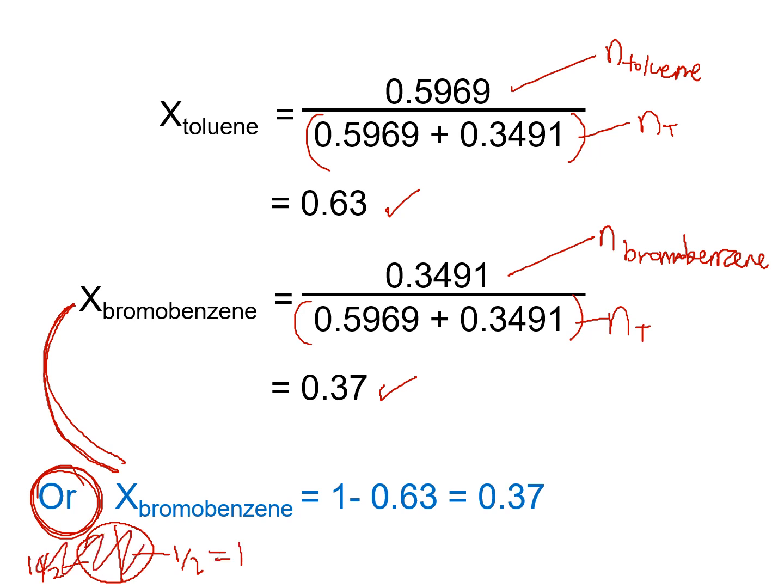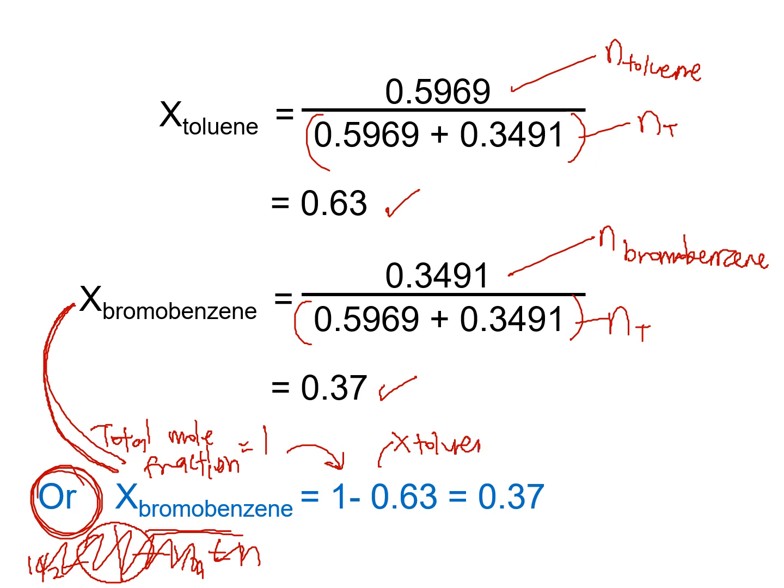If you know that the total mole fraction is equal to 1, so you can just cari mole fraction of bromobenzene ialah 1 tolakkan je dengan mole fraction of toluene. Okay, and you akan dapatlah berapalah mole fraction for bromobenzene. Tadi unit juga ya.